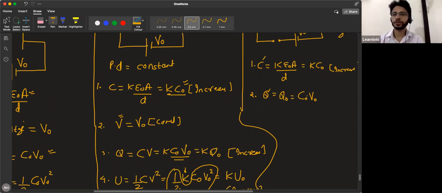Charge will remain constant, Q prime. So if I have charge and capacitance, how will I calculate the potential difference?